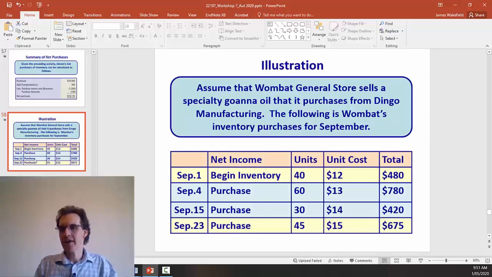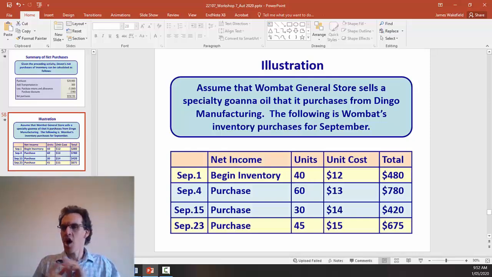So when using the periodic system, all we have is a register and information on the acquisition of inventory throughout the period, as well as the associated costs to bring that inventory to a place of sale. So transport in and the reductions associated with purchase returns and allowances.